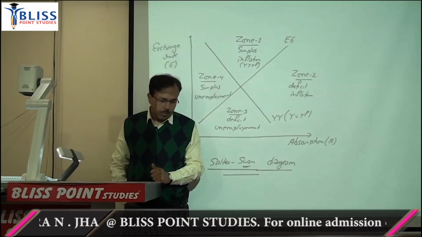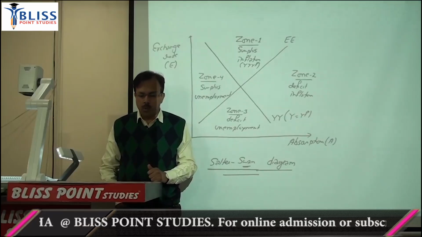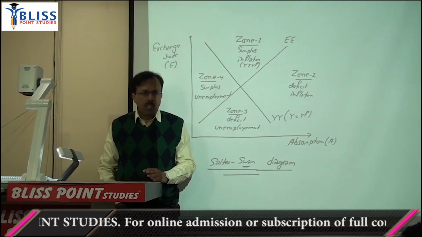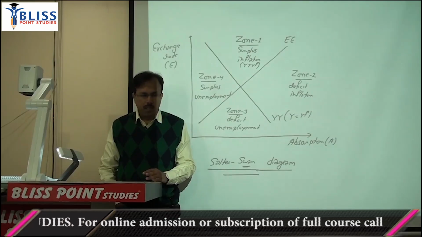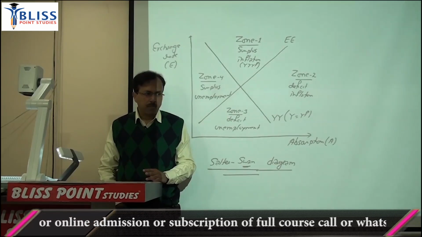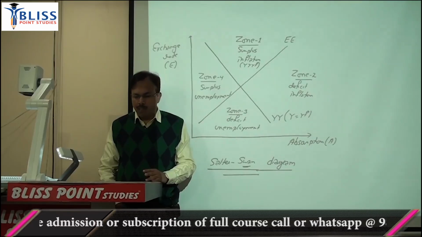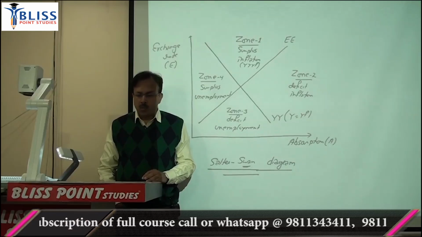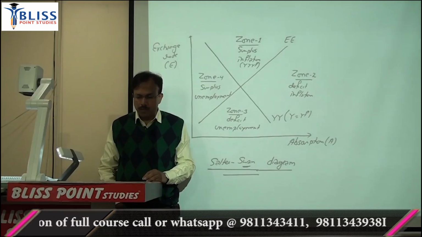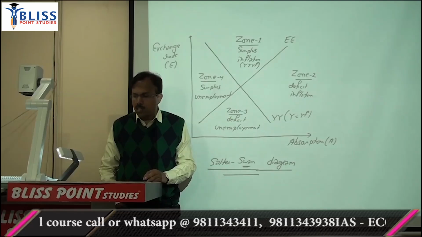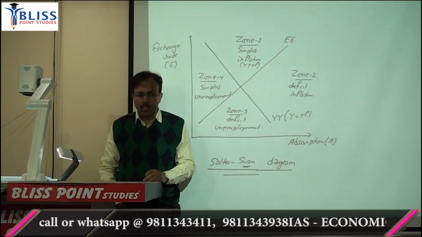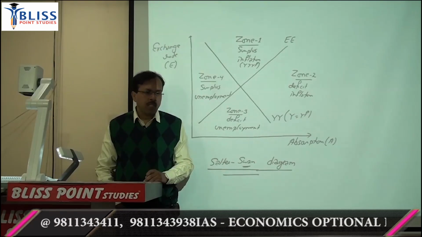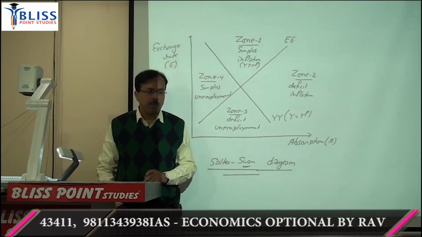Absorption includes domestic consumption and investment, as well as government expenditure. That is C plus I plus G.